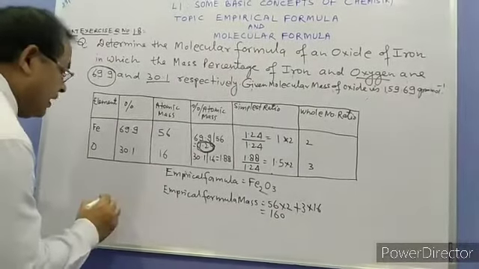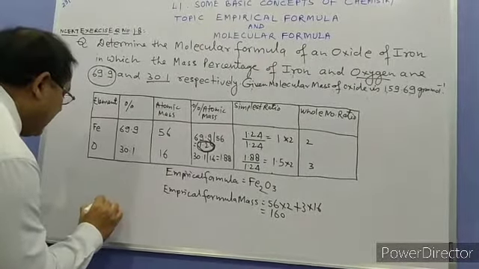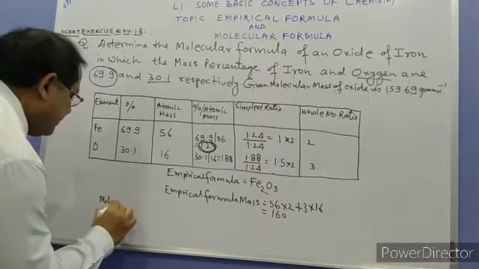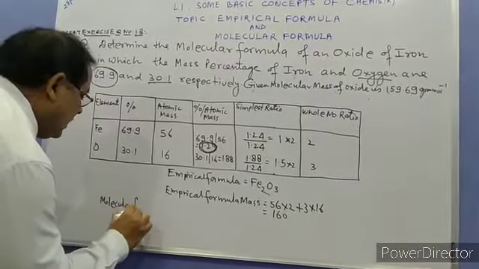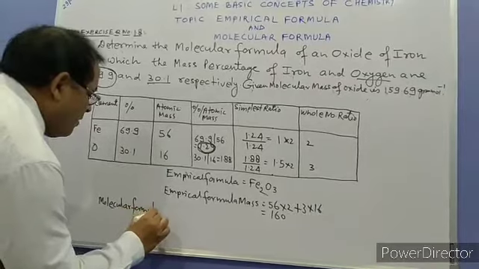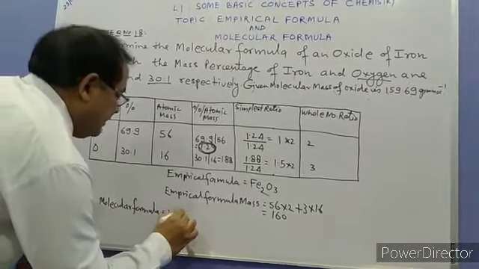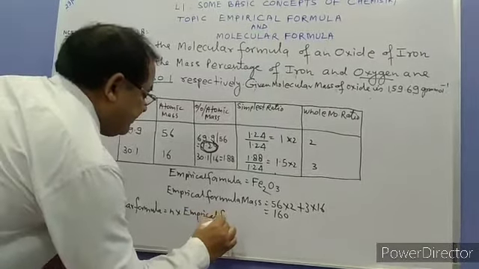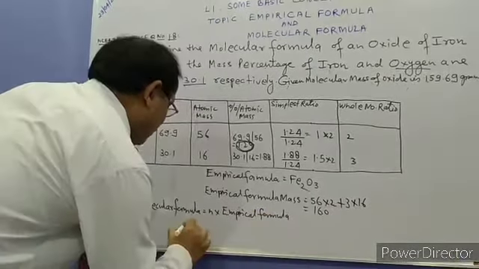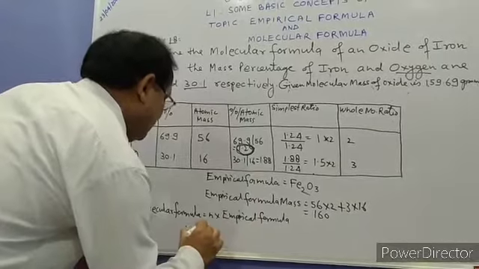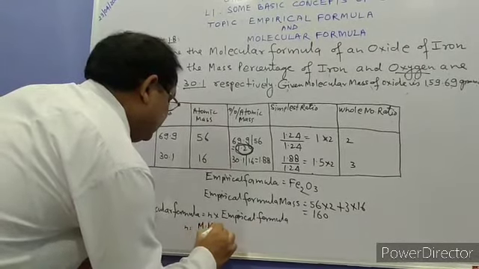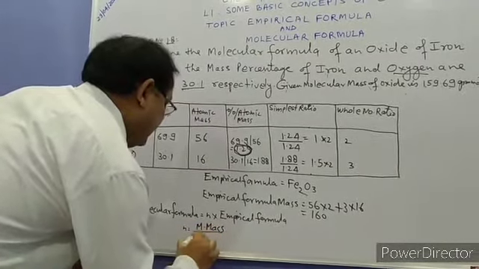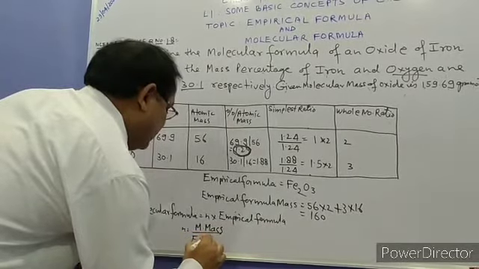Now we have to find out the molecular formula. Molecular formula equals N into empirical formula, and N equals molar mass upon empirical formula mass.